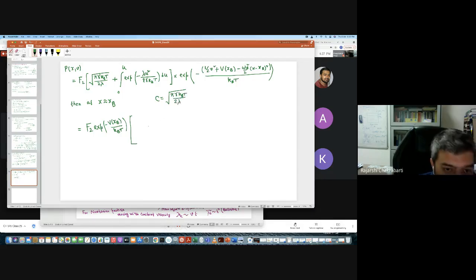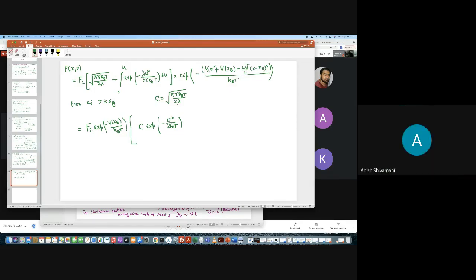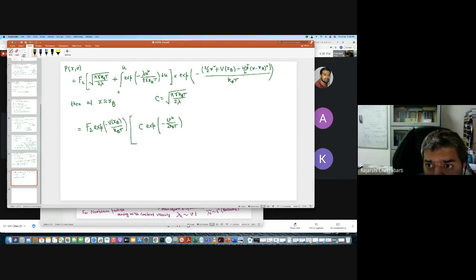That's a big thing to write. You write C into exponential of, let's look at it, it will be minus half, sorry, this one. From here, this first part. First part. Yes, sir. Because exactly at x equal to xb, this part is 0. Okay, so I'll have only this part, plus I will have something like f of x comma v into exponential of.